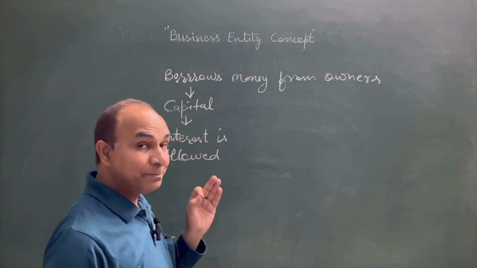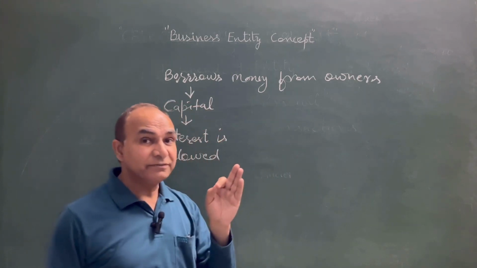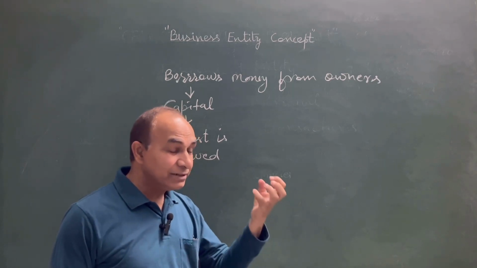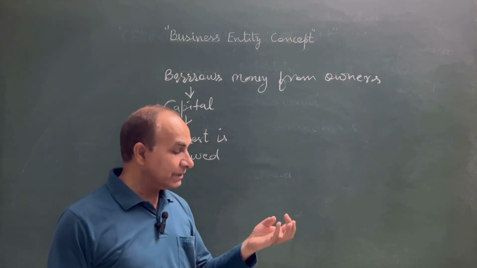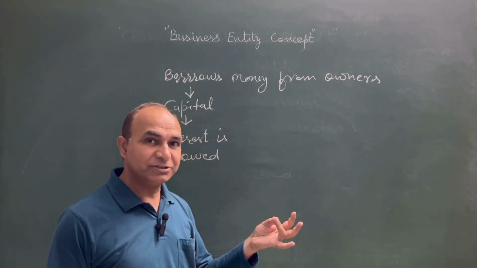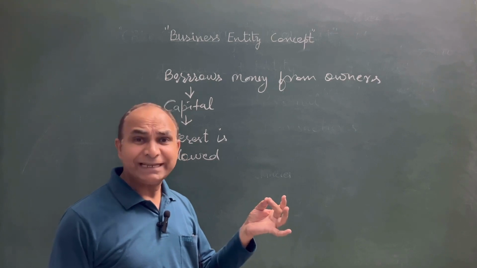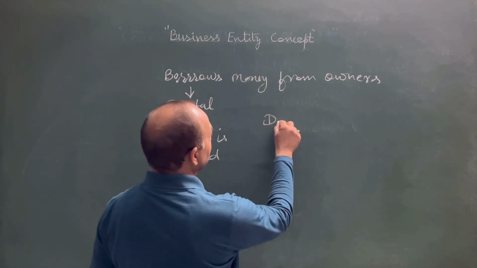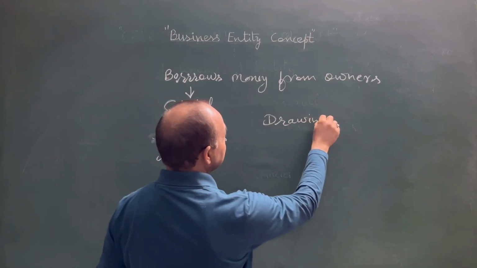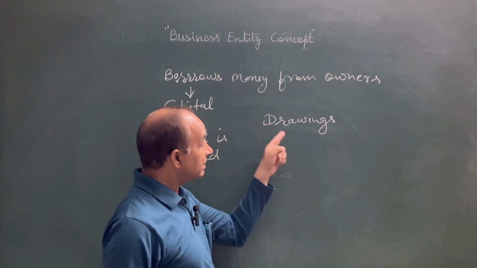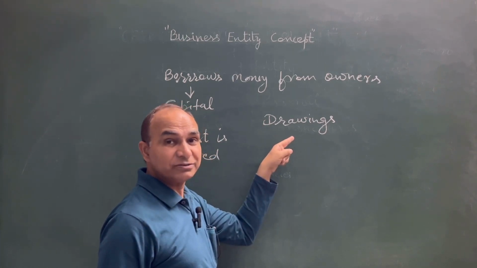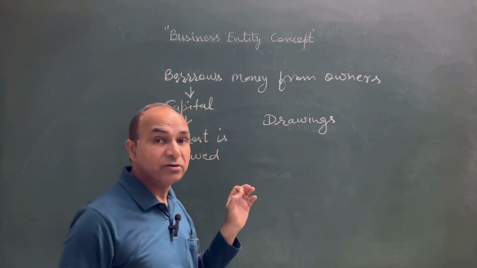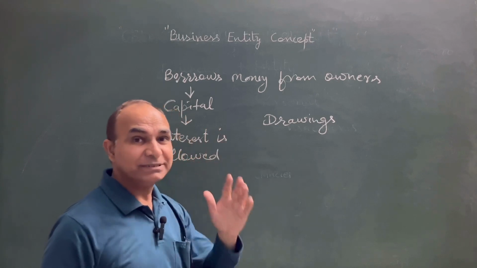And if the businessman draws something from the business for his domestic and personal purposes, like cash, money from the bank for his personal purposes, or uses any asset for personal purposes, that is considered as drawings, and interest is charged on this drawing also. At the end of the year, this drawing and interest thereon is deducted from the capital of the businessman.